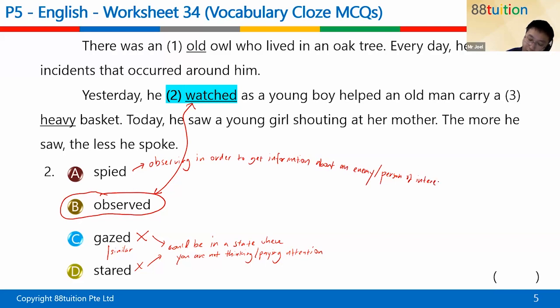Then you spy, right? And you are also doing it in a sneaky way. But over here, the author is obviously just outright staring at the young boy helping the old man. He wasn't doing it in a sneaky way. So number 2, the best answer is definitely B.